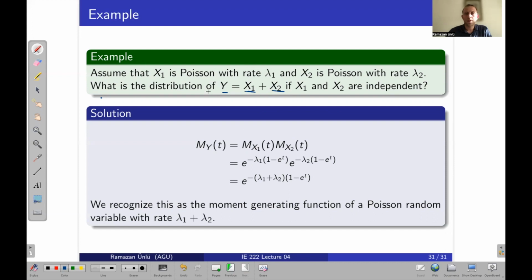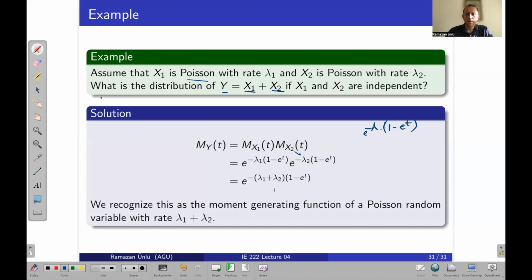And we know that they are coming from the Poisson distribution. Remember, the moment generating function of the Poisson distribution is e to the minus lambda times (1 minus e to the t). The first random variable has the parameter lambda 1, so we just put lambda 1 here, and we did the same thing here, putting lambda 2 into lambda.